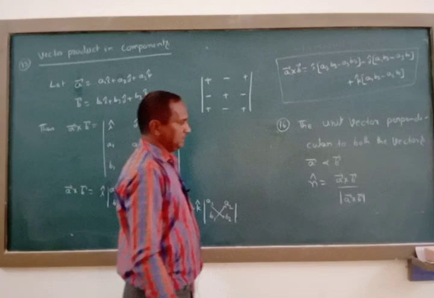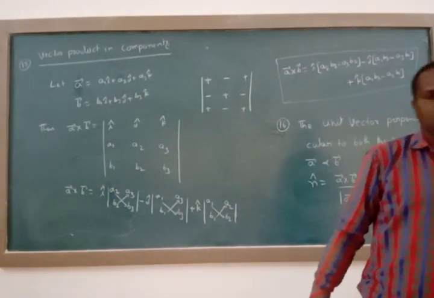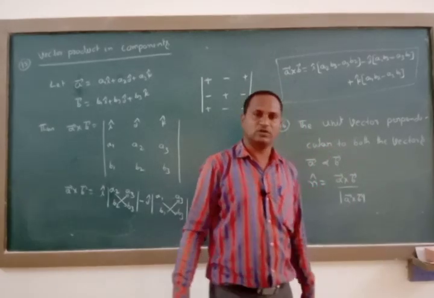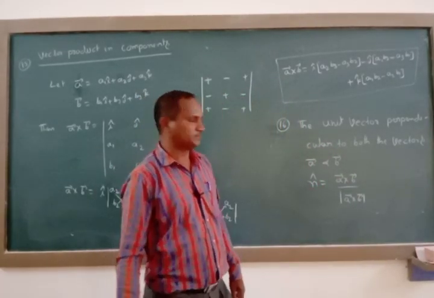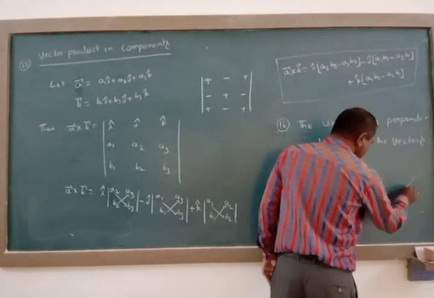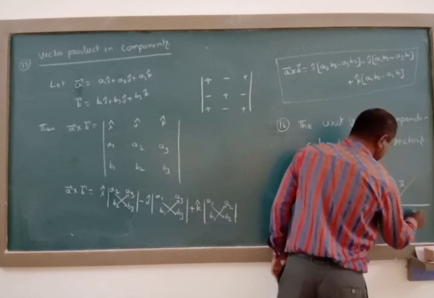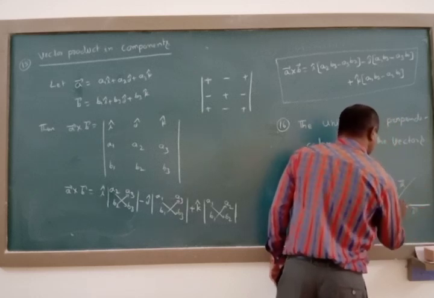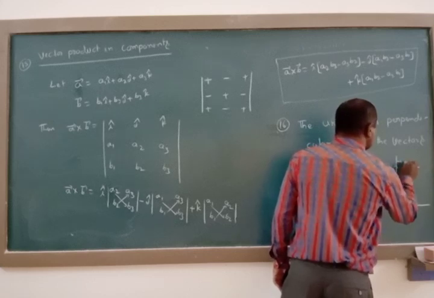In case of the sine function, magnitude of sin theta is equal to magnitude of a bar cross b bar whole divided by magnitude of a bar into magnitude of b bar. Here a bar is one vector and b bar is another vector, and one vector is perpendicular. This vector is a bar cross b bar.